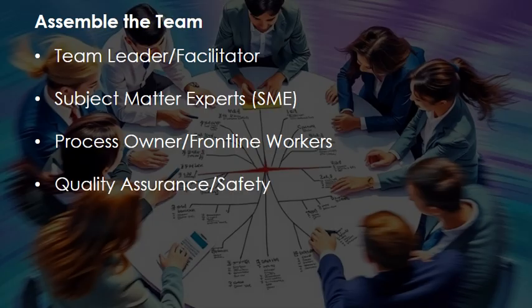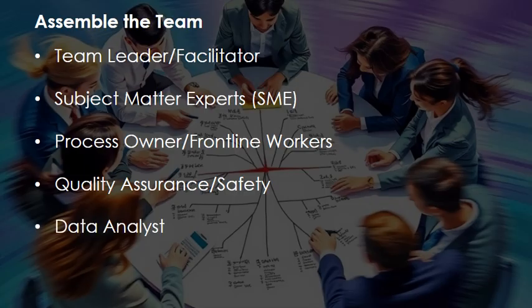Quality assurance and/or safety representatives. Depending on the nature of the incident, it may be valuable to have these positions available. A quality assurance rep may provide insight of the finding or nonconformance if the issue, especially if it was identified during an audit. Similarly, if the core issue was safety-related, then having a safety rep may provide value on the requirements or standards during the process.